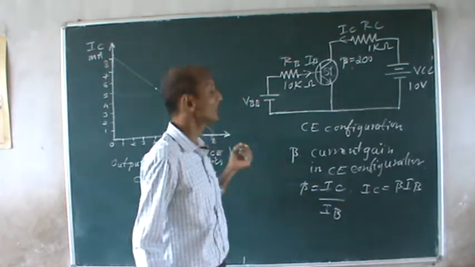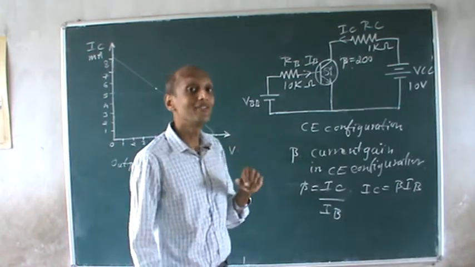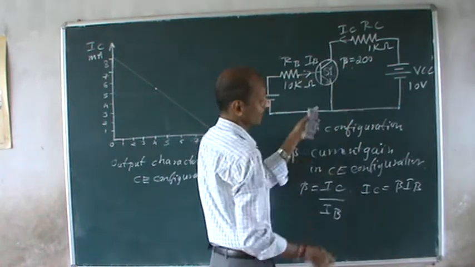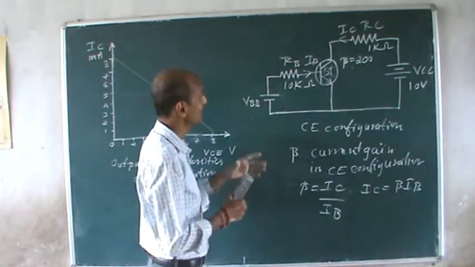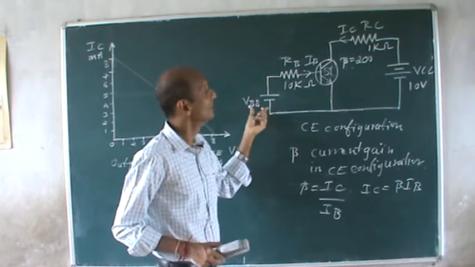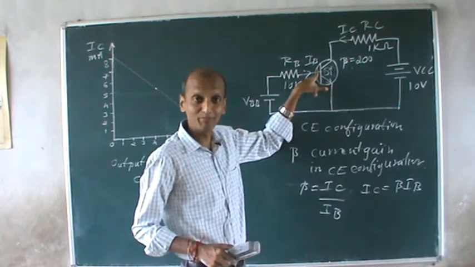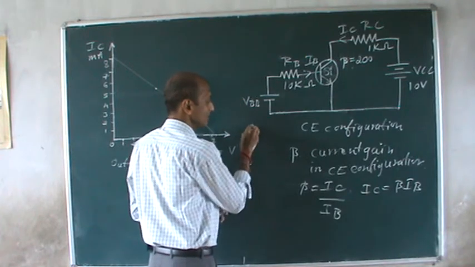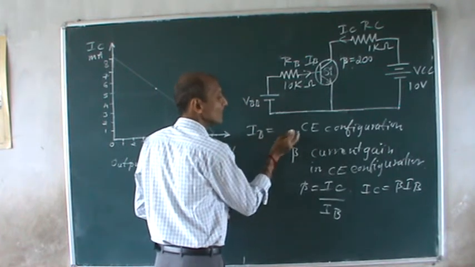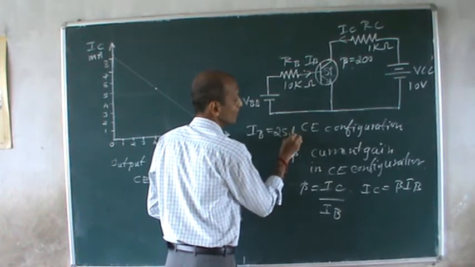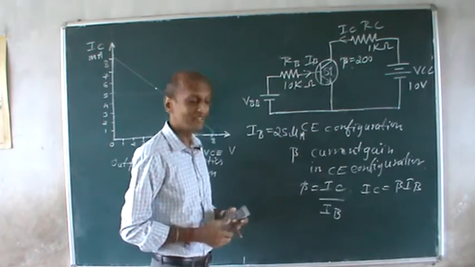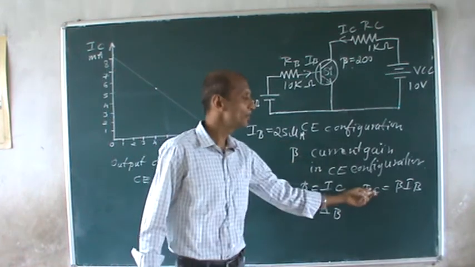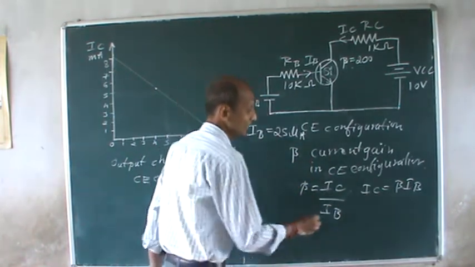So what will be the value of your IC for your Q point? From this equation, if I set some value of VBB, that will make some current IB. Let IB be some 25 microamperes. What will your IC value be then?